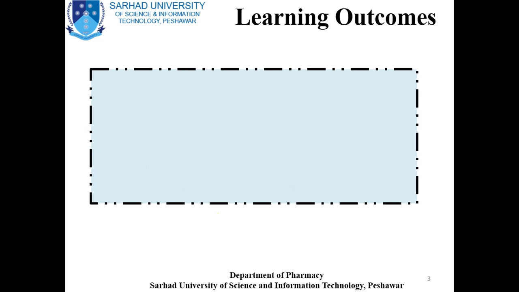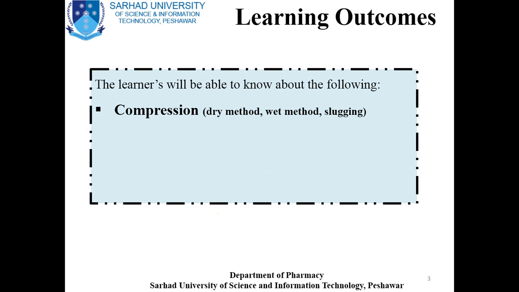Dear students, the main aim of this lecture is to know about the topics related to tablet compression, including the three methods of the manufacturing of tablets. One of the methods is the dry method or dry granulation method.